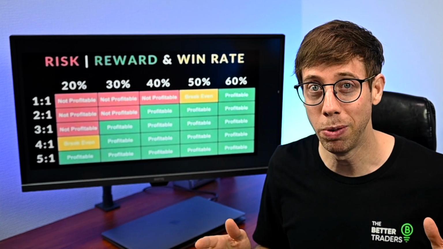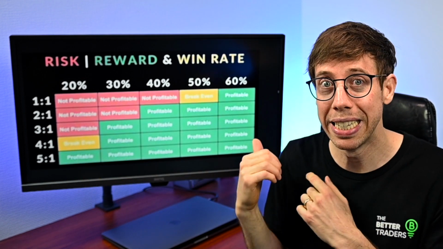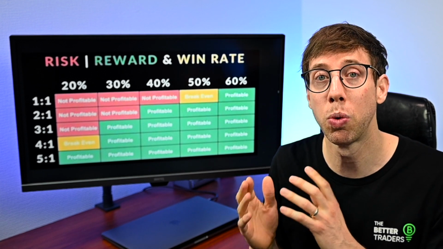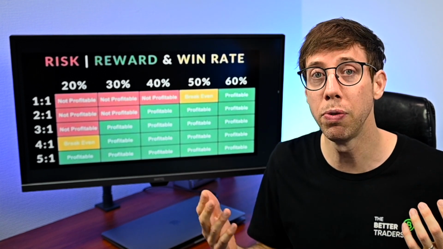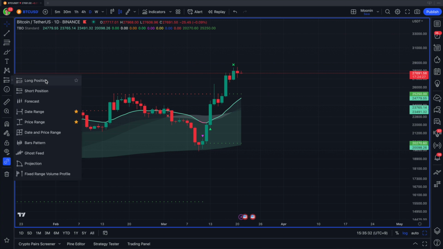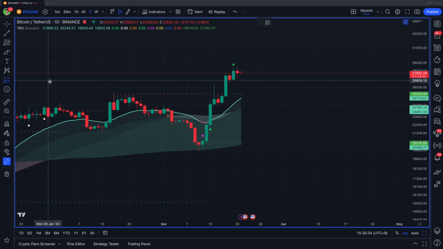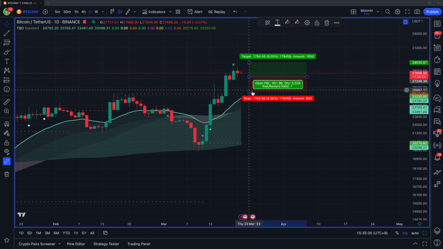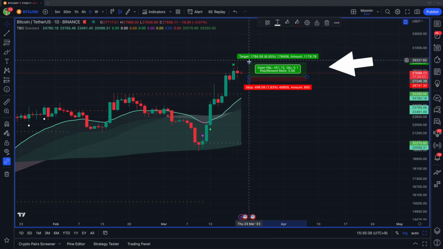There are lots of trading platforms out there. I think Altrady does this the best because it has a risk to reward calculator in it. Now, for those of you that use TradingView, there is a tool that you can set up a long position or a short position, and you can click and drag the stop loss and a take profit. And then in the middle, you can see that risk to reward ratio.